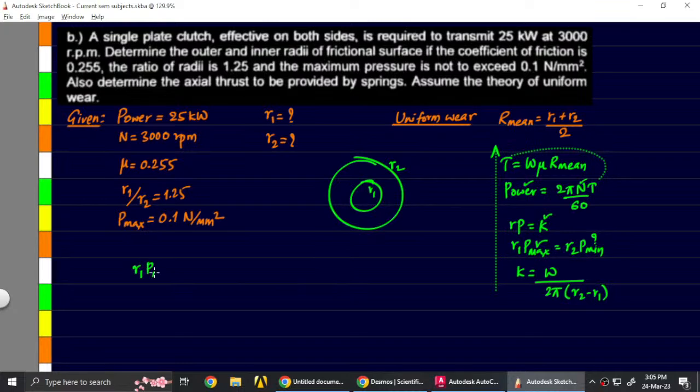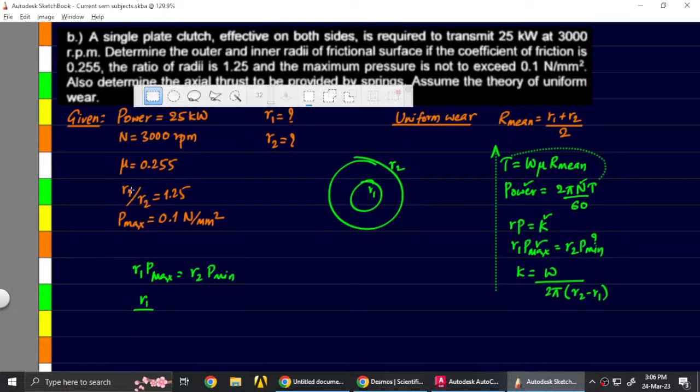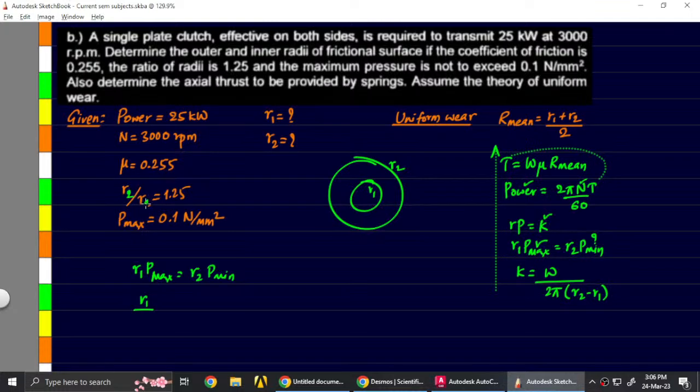R1 P max equal to R2 P min. R1 is the smaller one, so this has to be 2 by 1. So here again it's going to change.